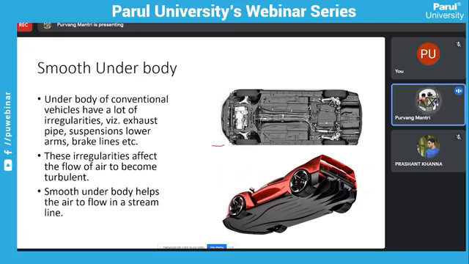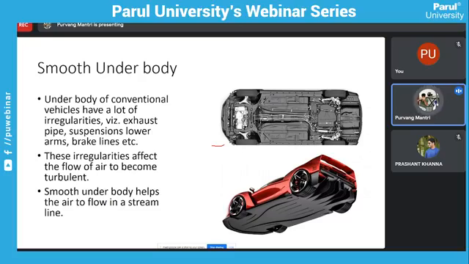In some cars the spare wheel is inside the boot, while in other cars it is at the bottom, in the underbody of the vehicle. So all of these parts tend to break the flow of air. Let's assume the flow is laminar, but because of all of these irregularities, the laminar flow of air is going to end up becoming turbulent, and it is going to affect a lot.